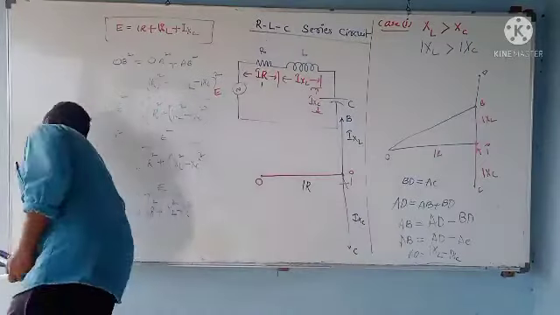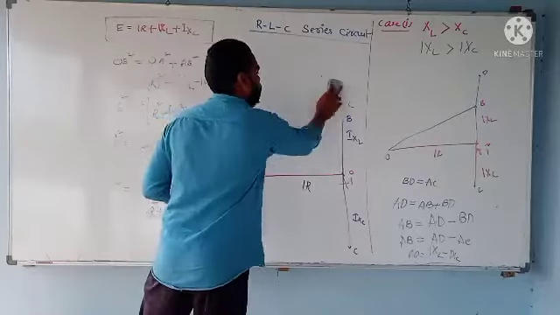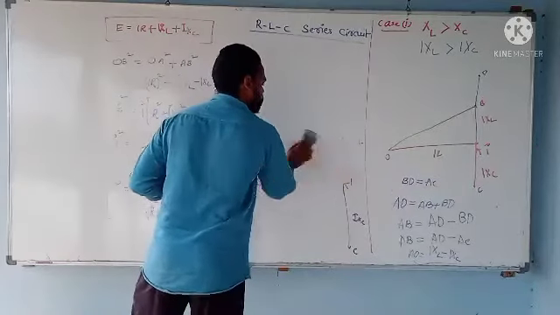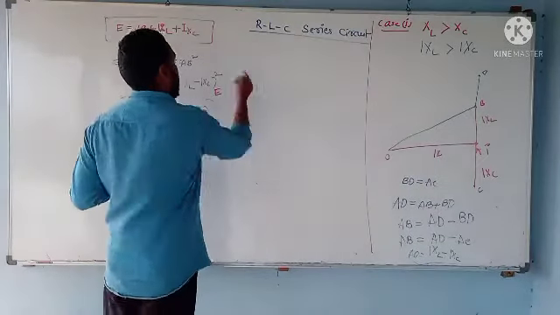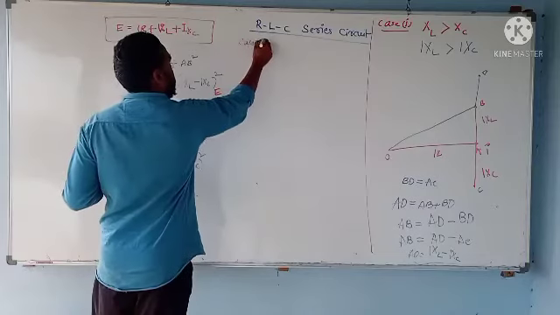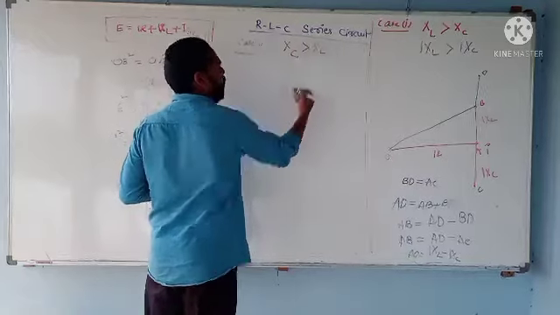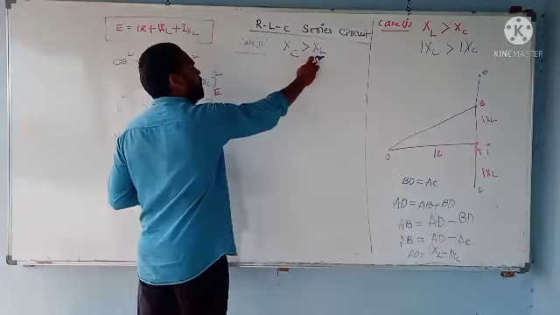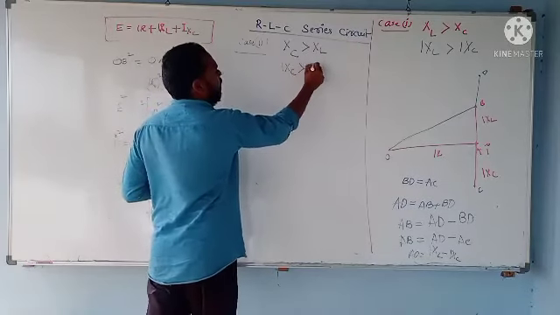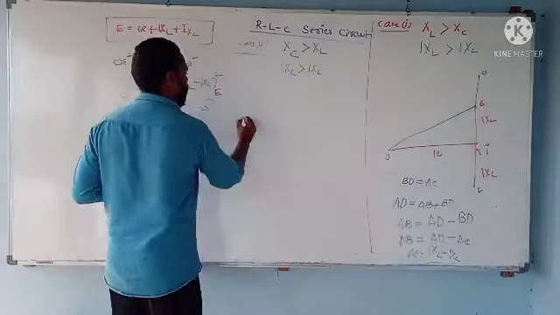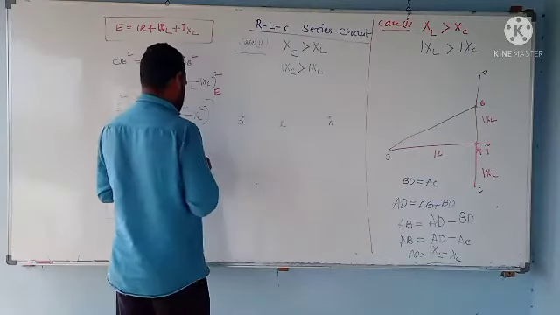Now let us take case 2. In case 2, XC is greater than XL, nothing but capacitive reactance is dominating, or else higher than XL. So indirectly IXC is greater than IXL. Let us see the same phasor diagram. OA is IR, right?